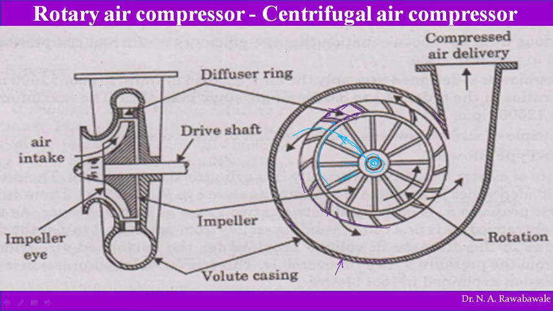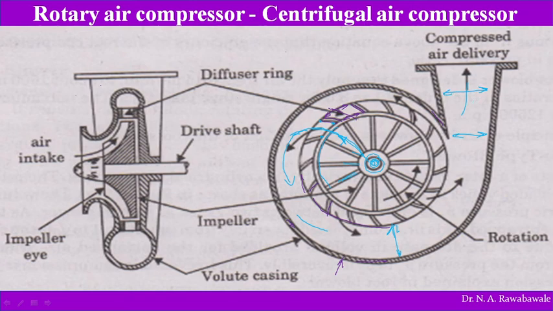Due to increased cross-sectional area, the velocity of the air thrown away gets reduced and pressure increases. When cross-sectional area increases, the velocity reduces and pressure increases. As this air enters into the volute casing, gradually the cross-sectional area increases, and when the air enters the delivery pipe, again the cross-sectional area increases.